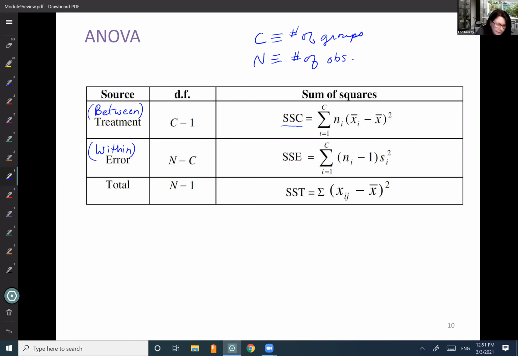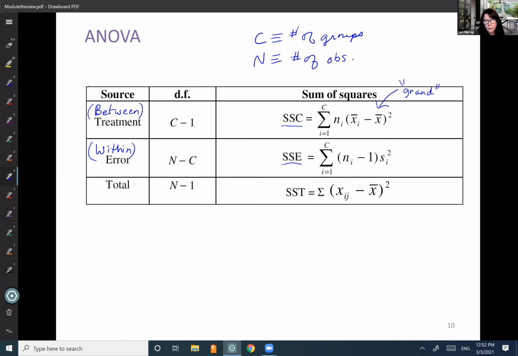So the SSC, the sum of squares for the columns, is the sum from i equals 1 to C of n_i, where n_i is the size of the sample for each of those groups, times the mean for each group, x-bar subscript i, subtract the global mean, or grand mean, or overall mean, squared.